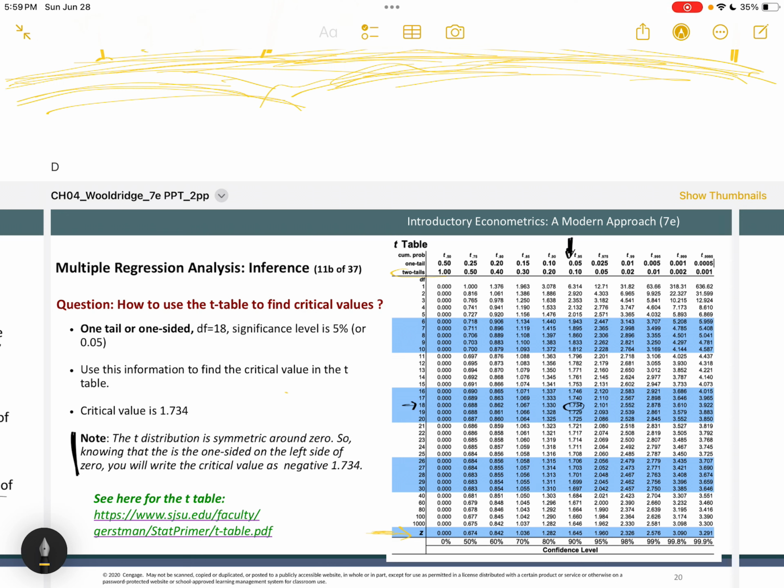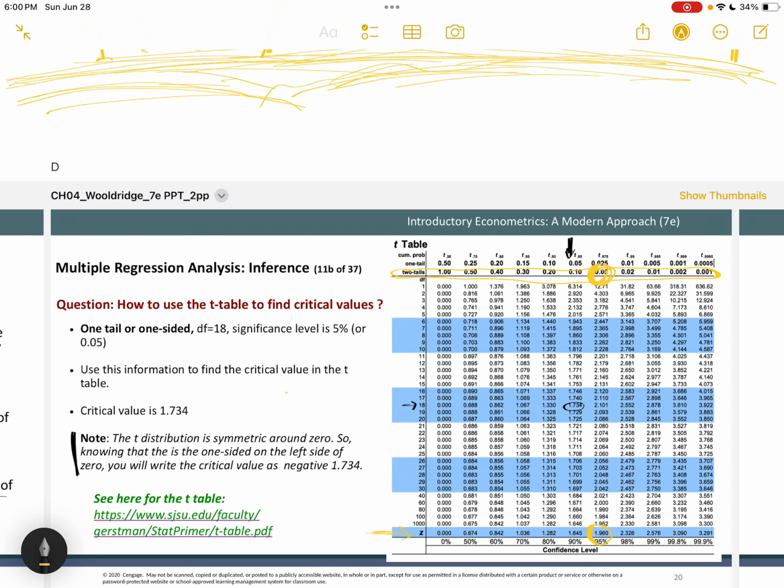When you have two tails, and it's the 5%, and you go all the way down, do you see that now you're no longer dealing with a t, but a z critical value?